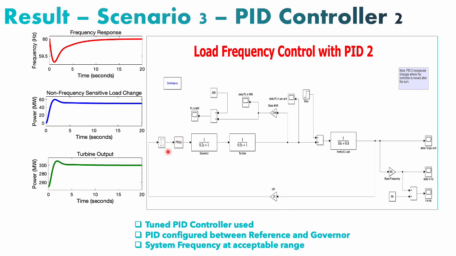However, for this scenario, we connected the PID controller between the SAM and the governor system. And interestingly, we realized that we had a much more stable frequency response with less overshoot, and the output frequency was almost close to 60 Hz, which was interesting.